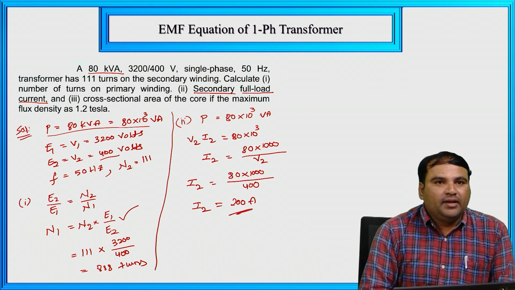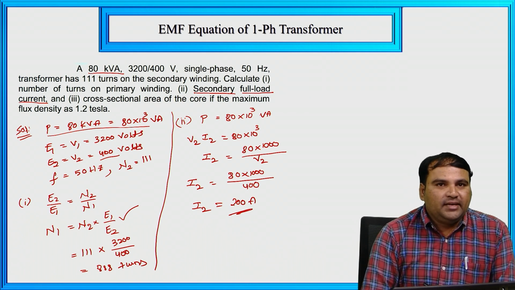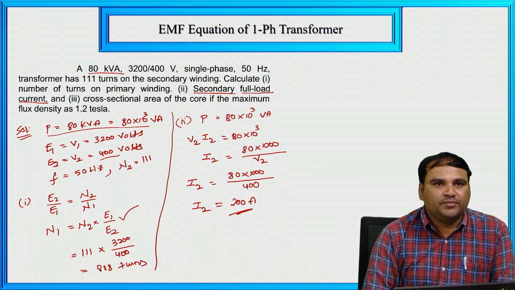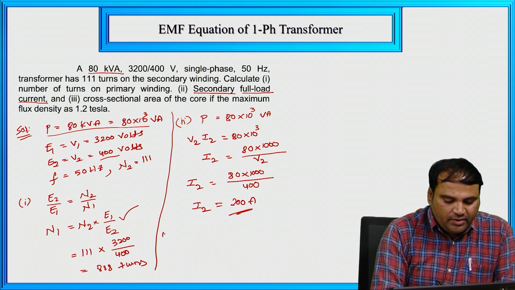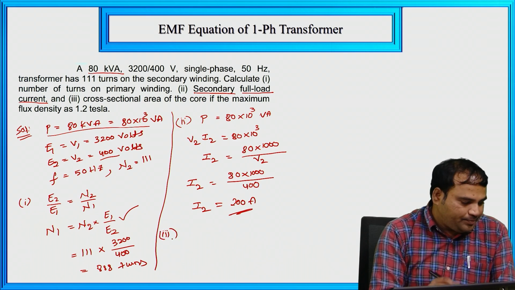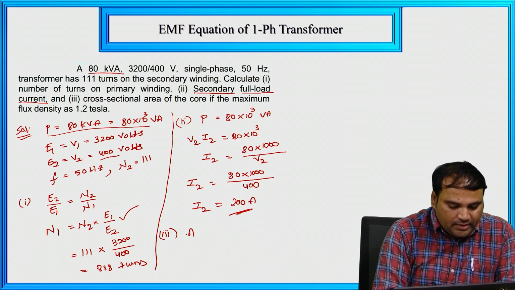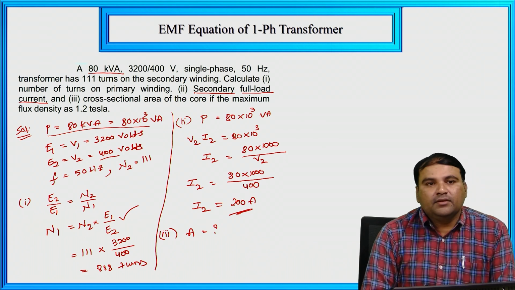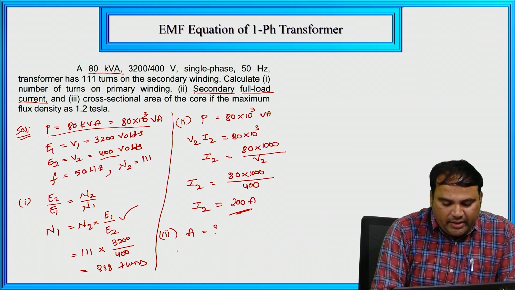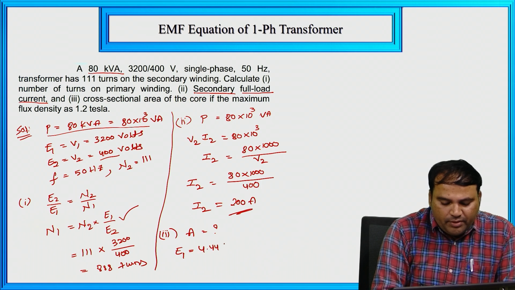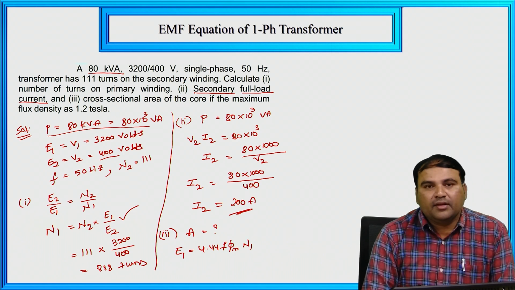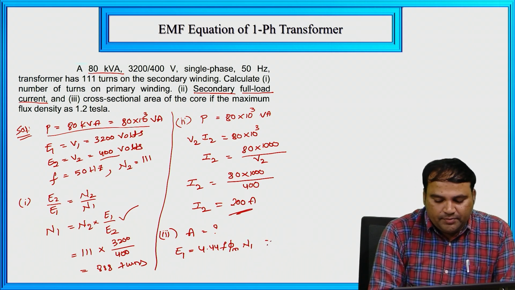Second bit done. And third one, cross-sectional area of the core if the maximum flux density is 1.2 Tesla. So cross-sectional area means we need to calculate the A value. We need to find out A. So in that I am taking the primary induced EMF equation, E1 equal to 4.44 F phi m N1, where phi m equal to B max A, since we know the equation.